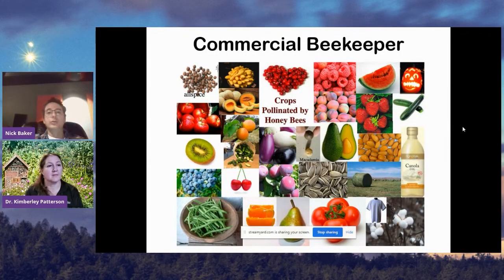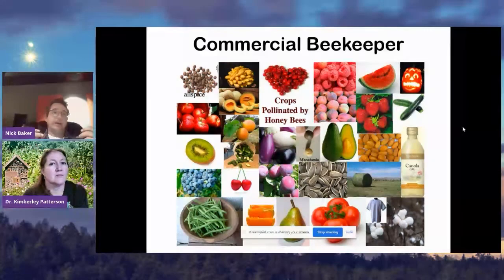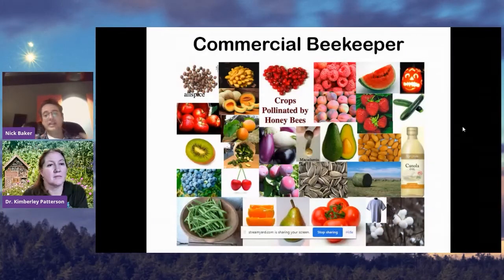And if you get too close, they will send out roughly 60% of the colony to chase you away, which can be tens of thousands of bees. In a European colony, we're talking maybe 5% of the colony might come out to inspect or attack, versus, again, an Africanized colony, which will send out about 60% of the colony to attack you.